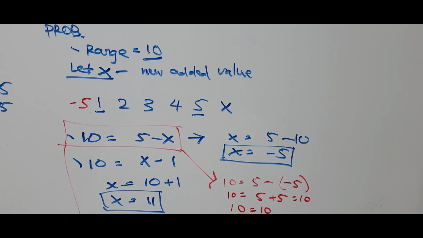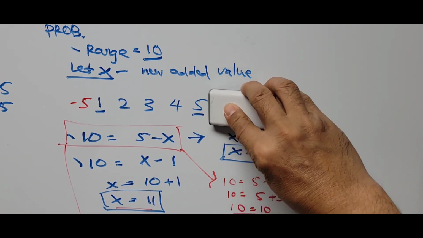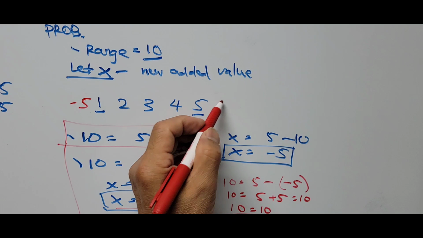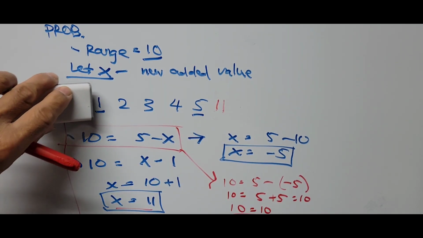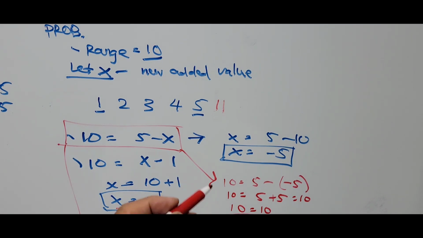When it comes to the other one, the value of x is 11. That means this is greater than 5, so we put 11 right here as a new value and take off negative 5.